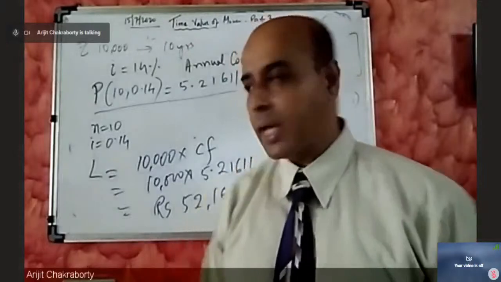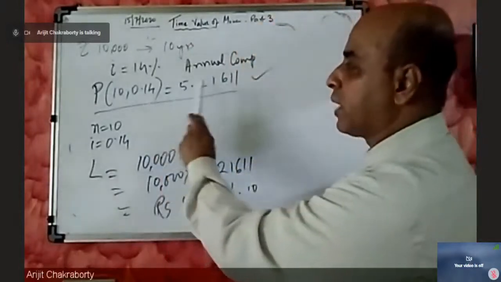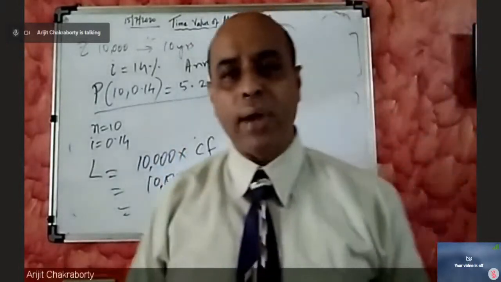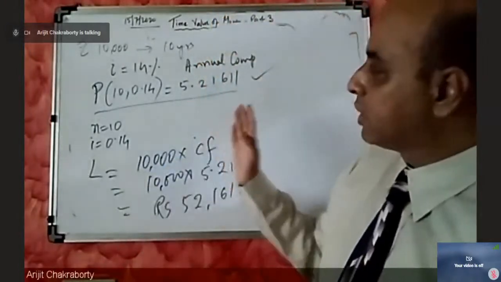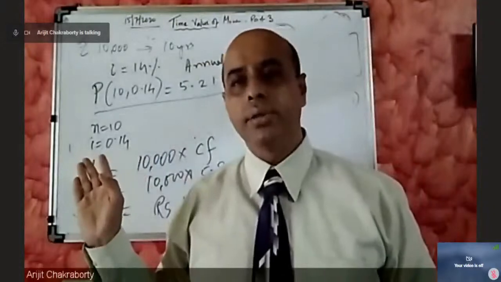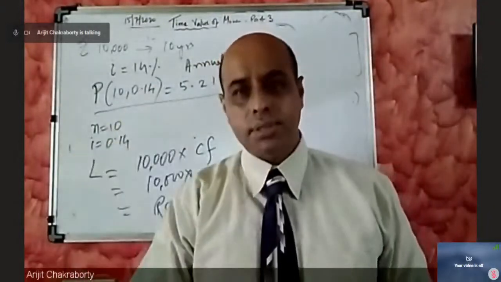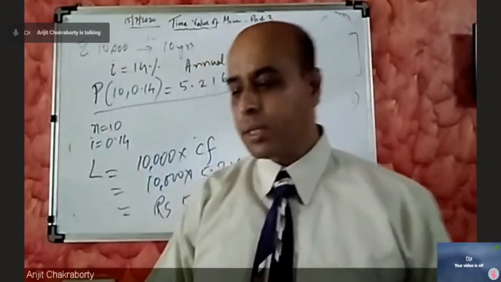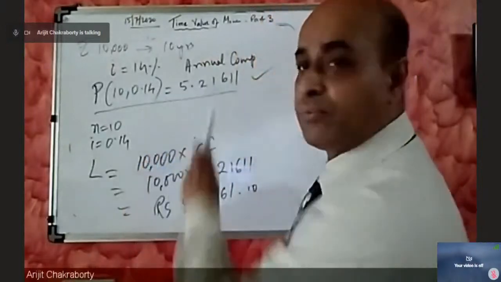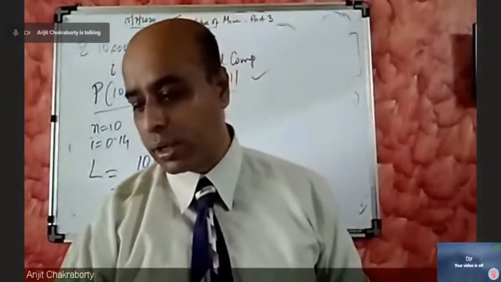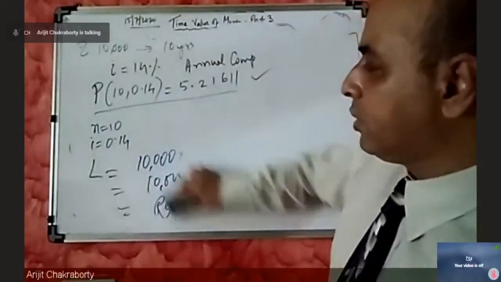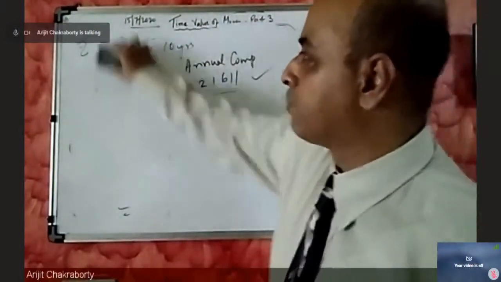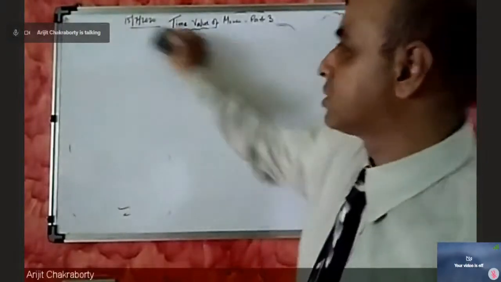As simple as that. So just multiplying the compounding factor with the principal. This is the process of solving problems where the compounding factor is given, so you don't have to work on it. Another example I'll work upon is similar, but there is some complication.